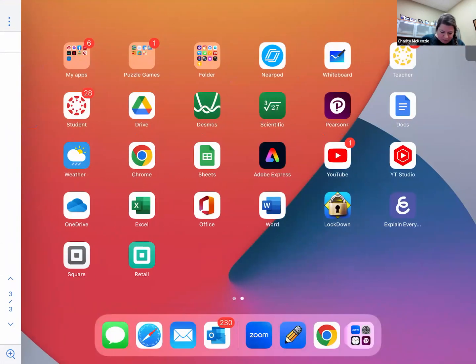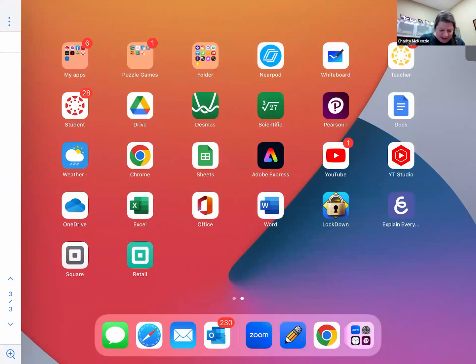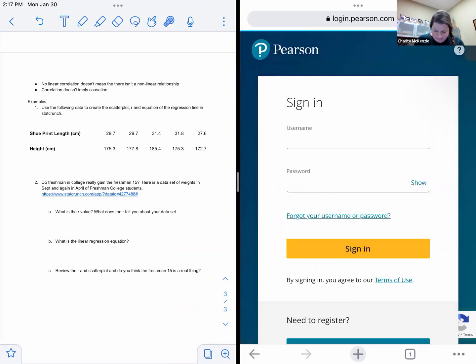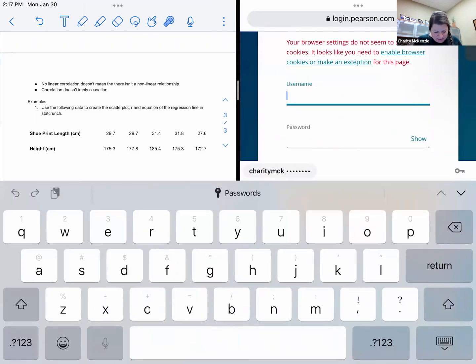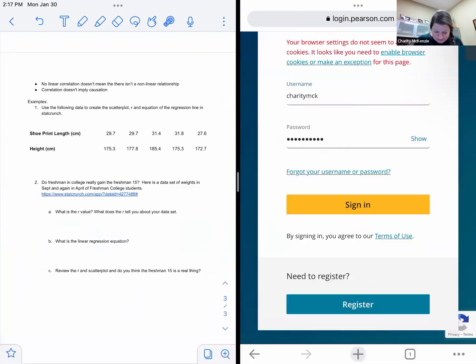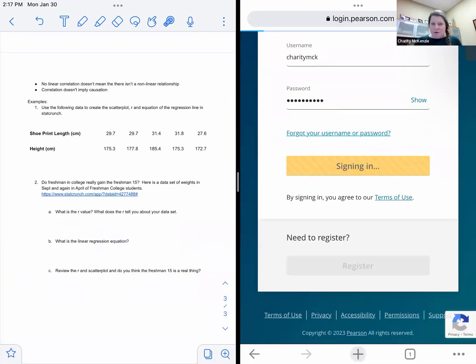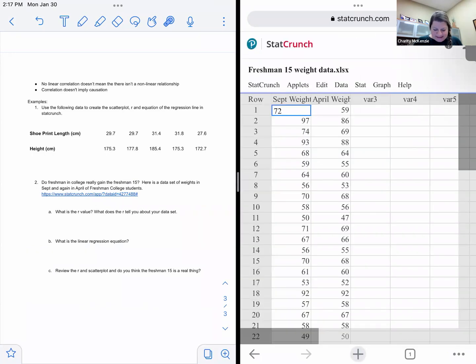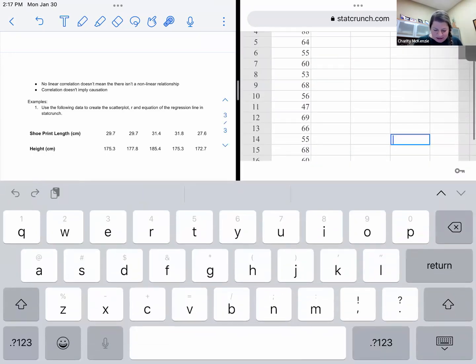On an iPad, Google Chrome works pretty good in StatCrunch. Okay, so here's my password and username. So this data is for question number 2.